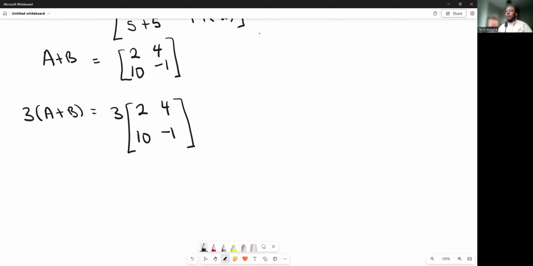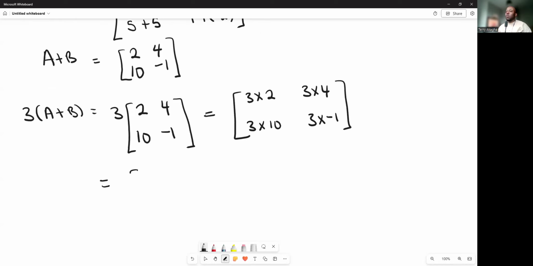Like I told you, you open the bracket and use 3 to open everything: 3 times 2 is 6, 3 times 4 is 12, 3 times 10 is 30, and 3 times minus 1 is minus 3. And that will be the answer for that.